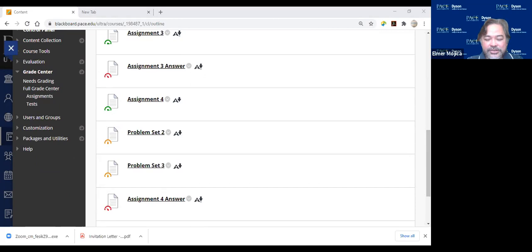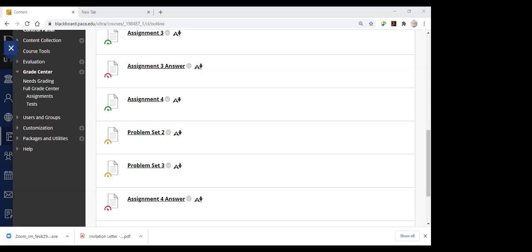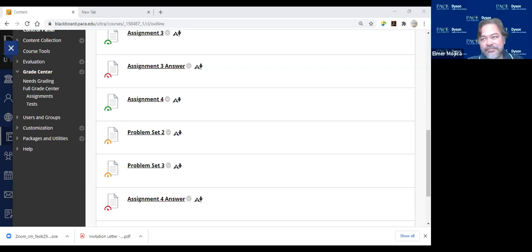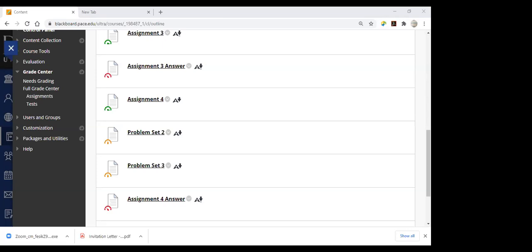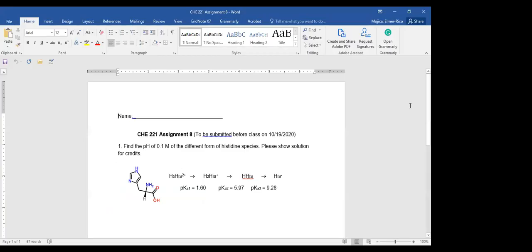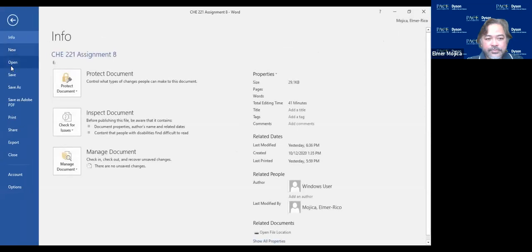The zwitterion is the one wherein you have a positive and a negative sign. Usually here, if I'm not mistaken, that's the second one that has the positive and the negative sign. Right. Because I think it was asking to determine the pH of each. Yeah, that's exactly it right there.